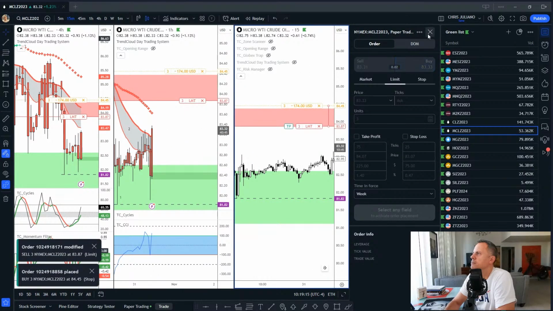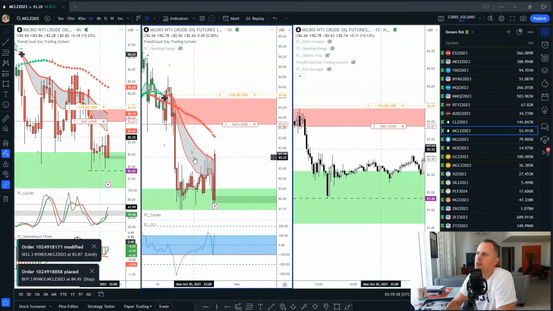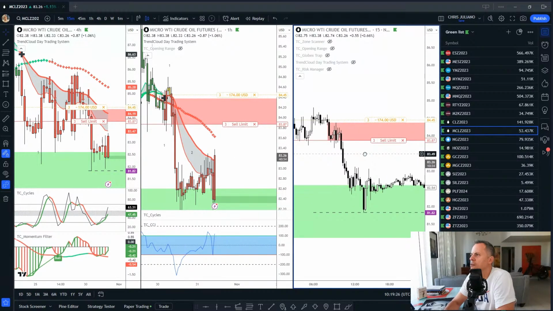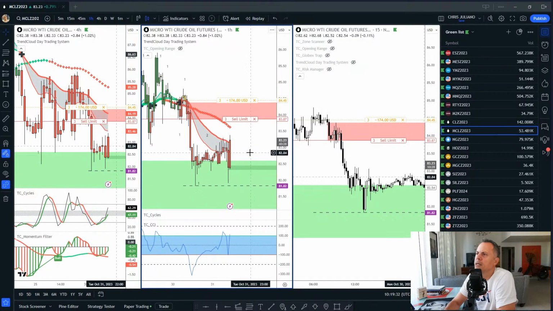Here we go. Better zone. Trend cloud support, trend cloud resistance up here, right? That's actually also consolidation. Let's take a look.